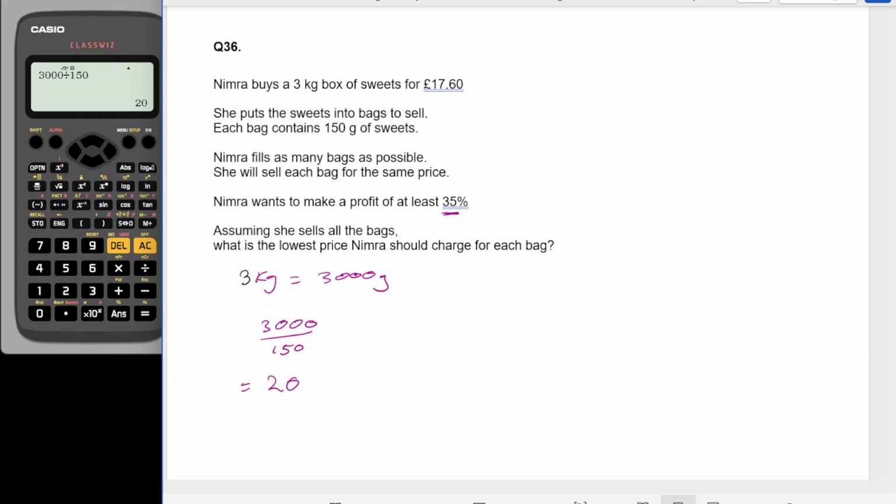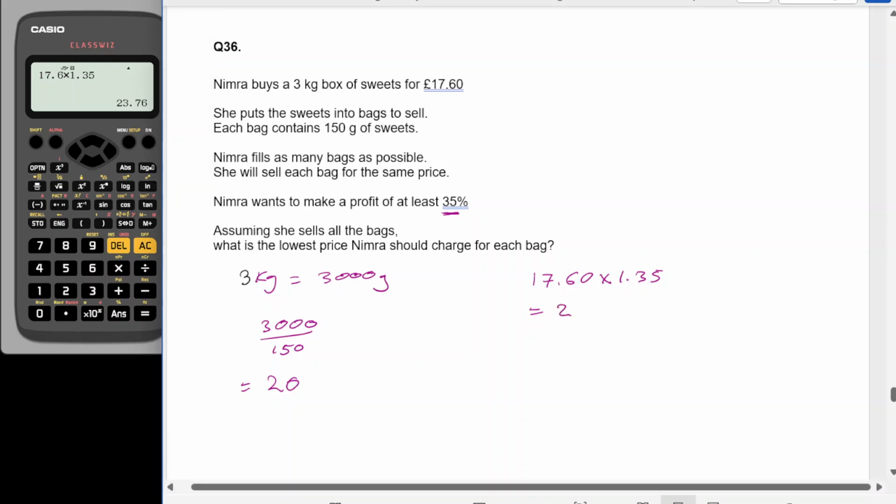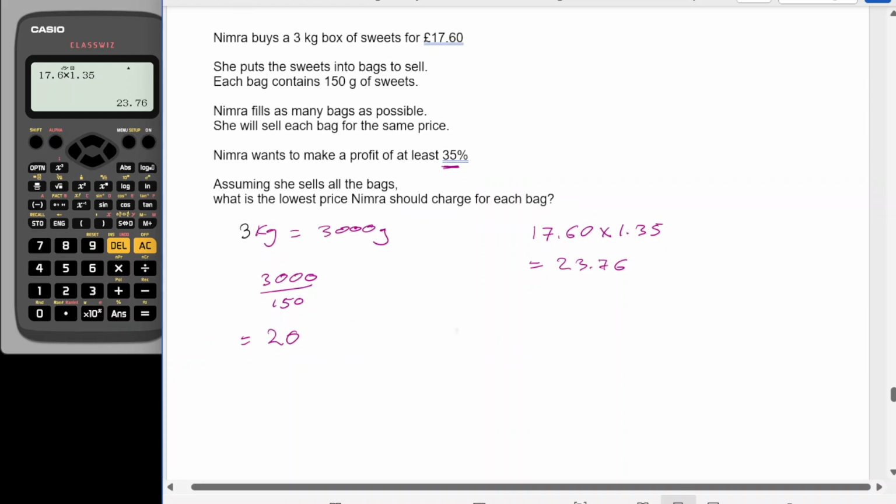So if we assume that she does make 35% profit, we would do £17.60 times 1.35. So this is going to be how much she wants to make. 17.6 times 1.35 is £23.76.